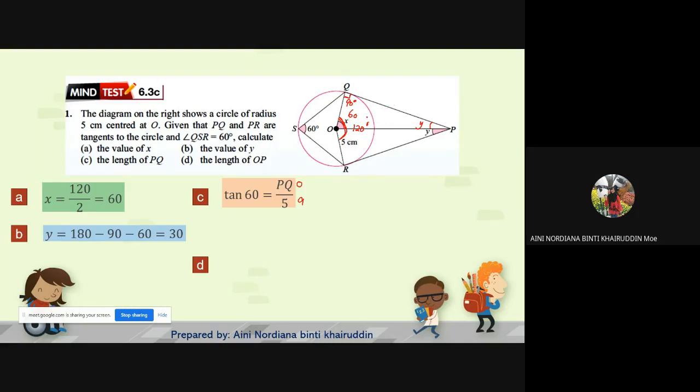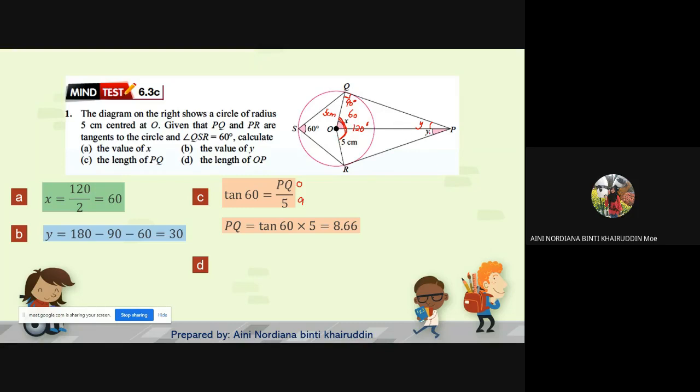And the adjacent is 5 cm. Length of OQ is 5 cm. So then you will get PQ equals to 8.66, which is tangent 60 times 5. Okay, next D, the length of OP.